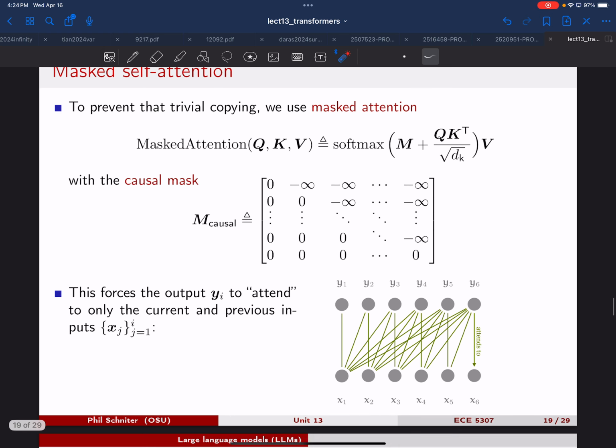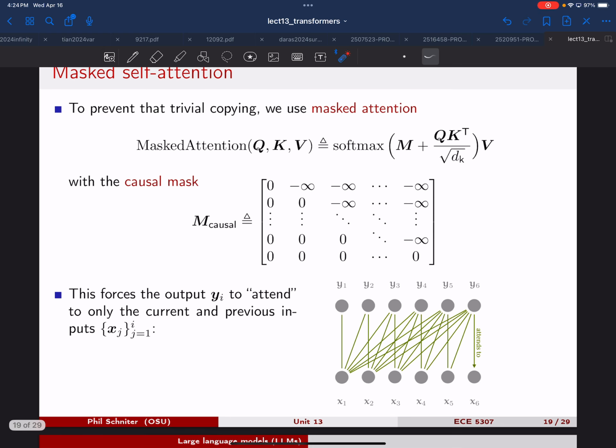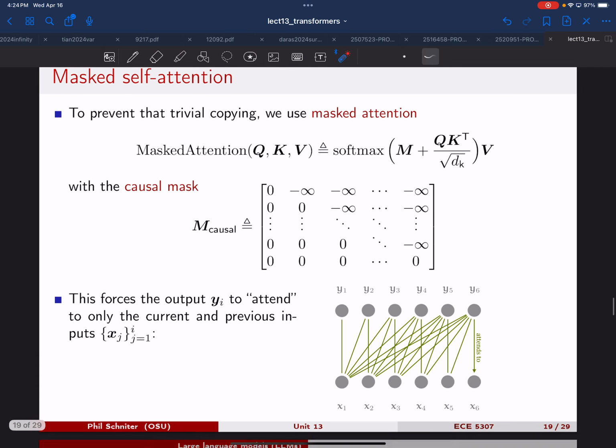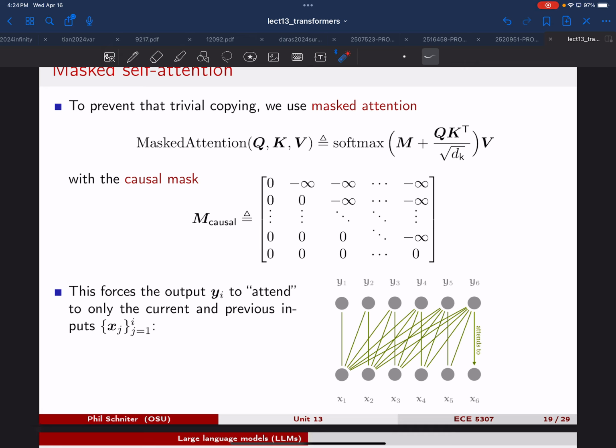In particular, as a result, the first output, y1, is forced to ignore all the values of the input except for the first input. So the first output can only depend on the first input.